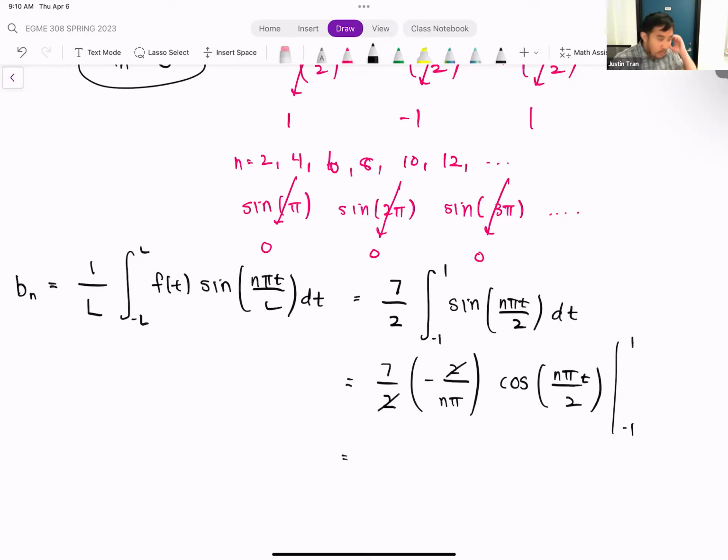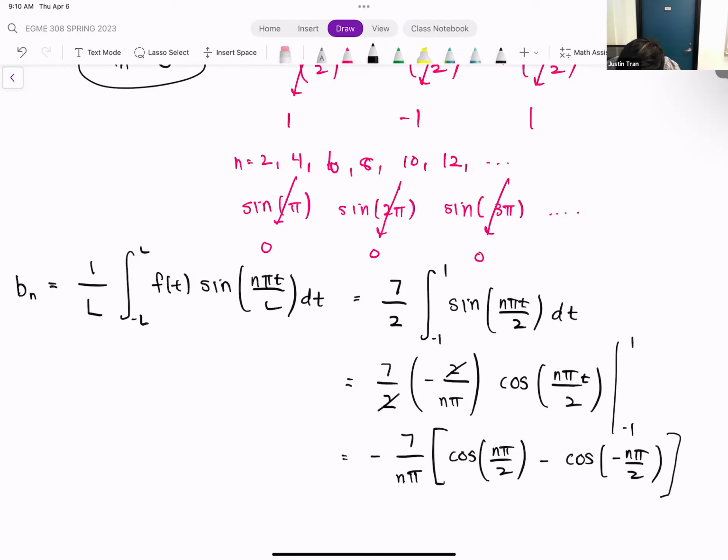These 2's are going to cancel out. And so what we have here is a -7 over pi times cosine of n pi over 2 minus cosine of negative n pi over 2.